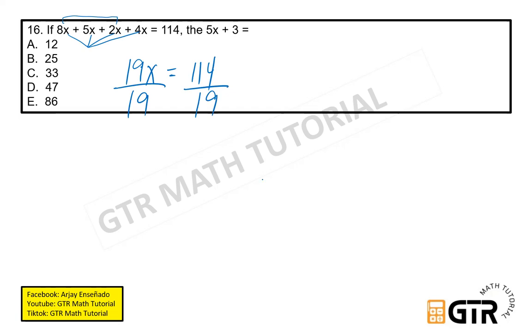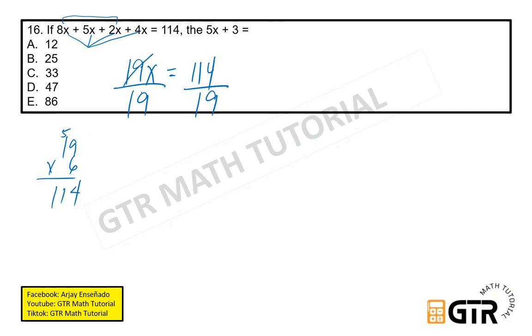So eksakto ba yan? 114 divided by 19. So eksakto siguro ito. 114 divided by 19, sa 10 ay meron tayong 190. So more or less mga 6 ba ito? So lagay nga natin 19 times 6. Okay, sakto yan. 9 times 6, we have 54. Eksakto nga, 6 times 1 is 6 plus 5, 114.